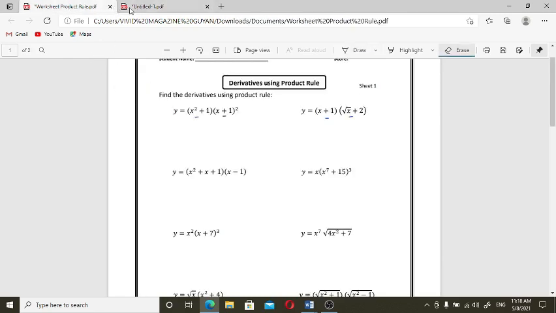So here I have x squared times (x+7) raised to the 3rd power. So this is u and this is v.